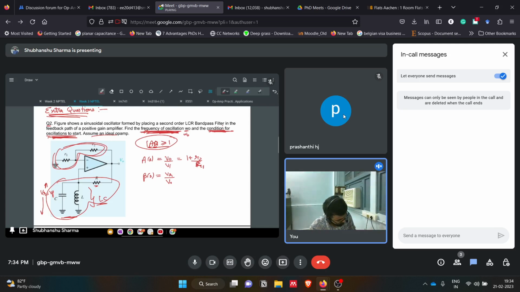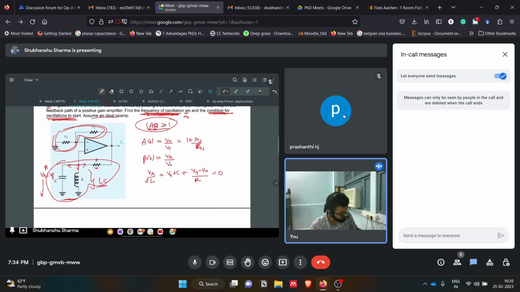If we use the nodal equation here, we get VR by SL plus VR SC plus (VR minus V naught) by R equals 0. This is one branch, this is another branch.